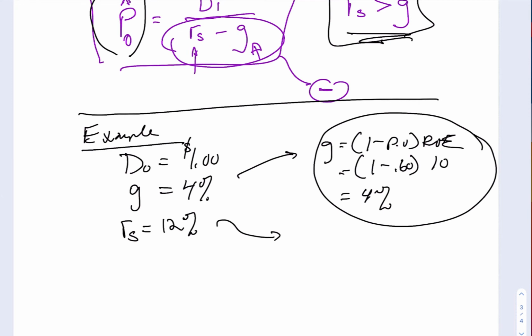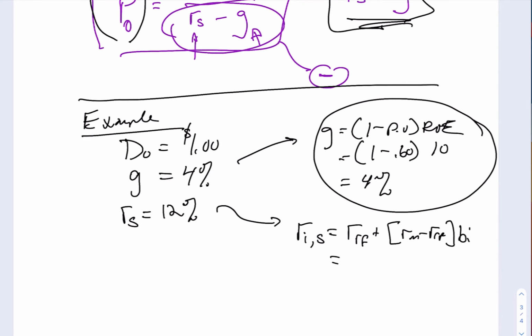And 12%, well, where could that come from? Again, it comes from the capital asset pricing model here. And we could come up with an estimate. Let me give you an example that's consistent. Risk-free rate's 1%. Return on the market that you require given the risk. Remember, that's what this is, the return given the risk.